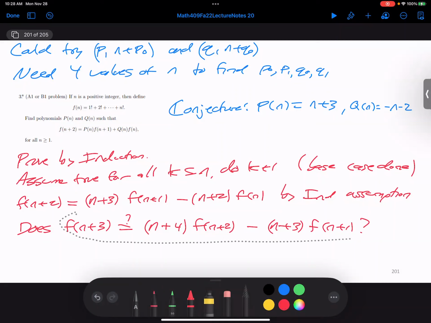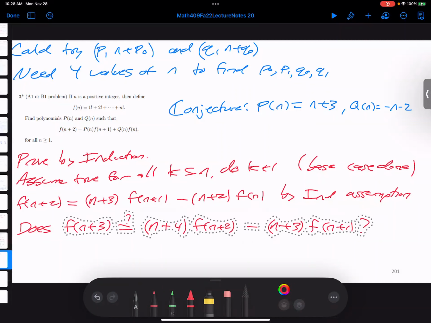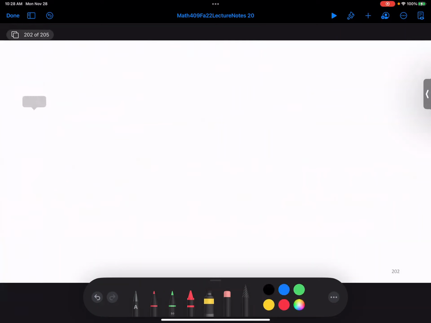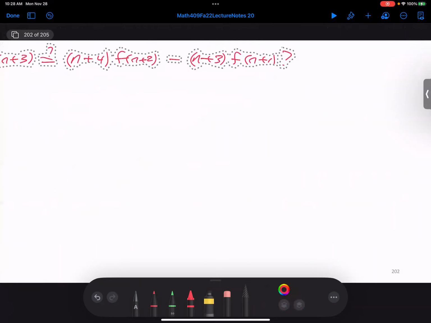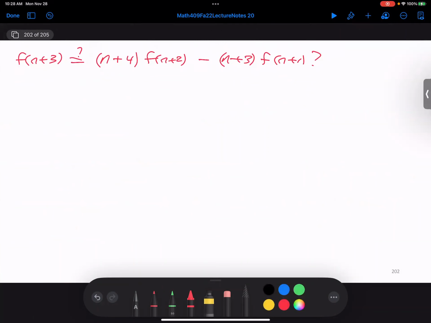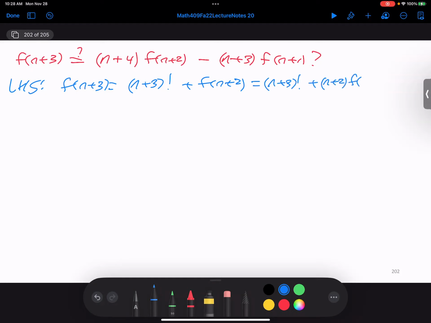All right, so let's paste this here. For the left-hand side, F(n+3) is F(n+2) plus F(n+1), which is equal to (n+2) F(n+1) minus (n+2) Fn plus F(n+1).